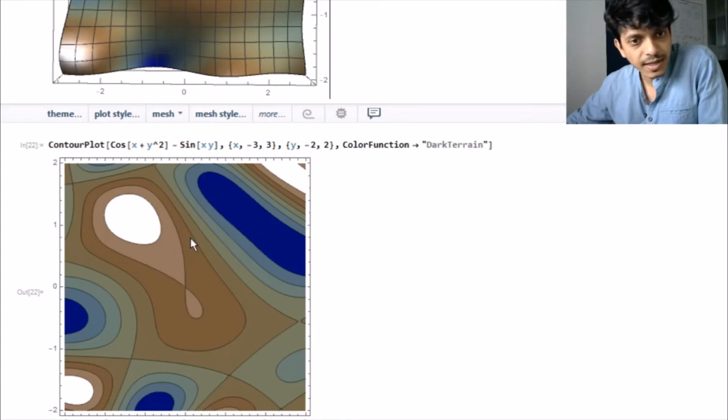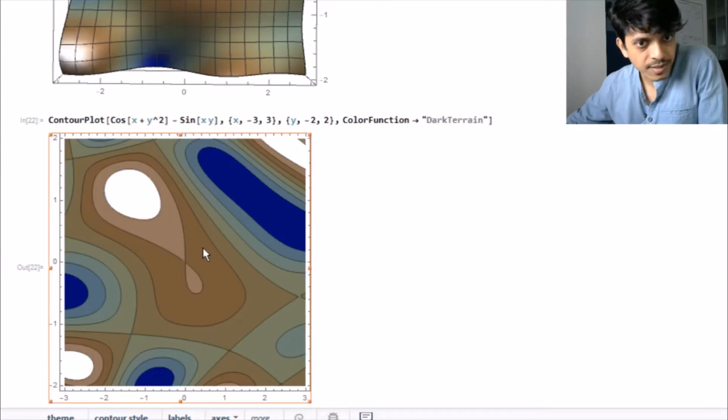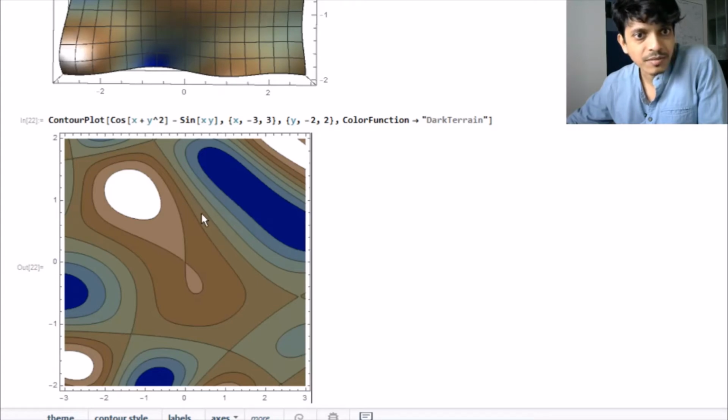But because this is 2D, I could also go up or down. If I go up, the value is decreasing, but if I go down, the value is increasing. Not just that, if I go diagonally in this direction, then the function remains the same. It is not changing at all.